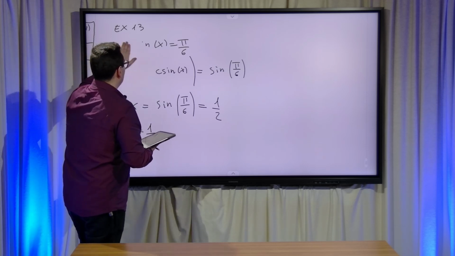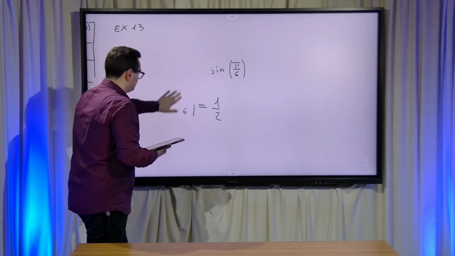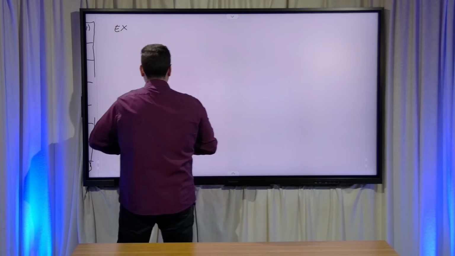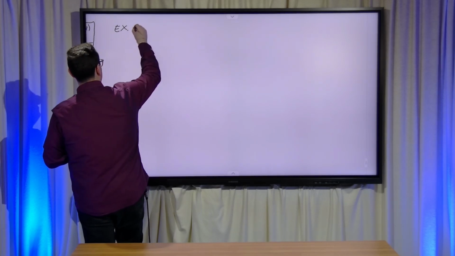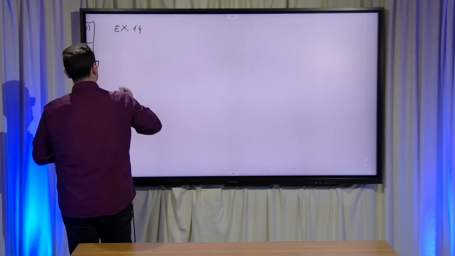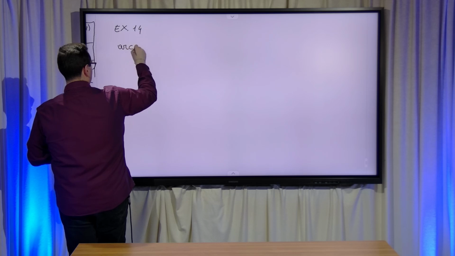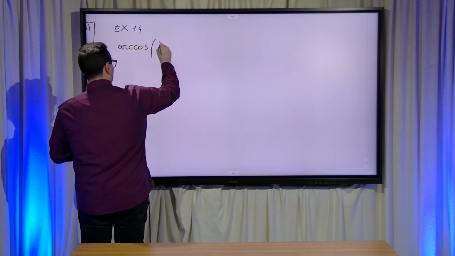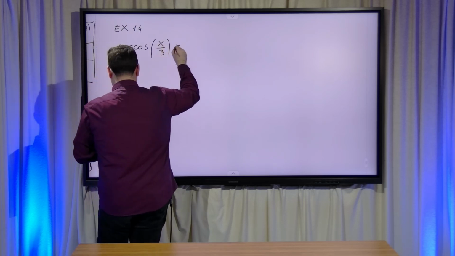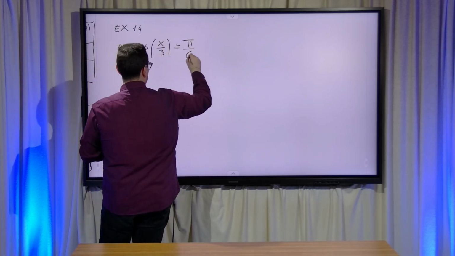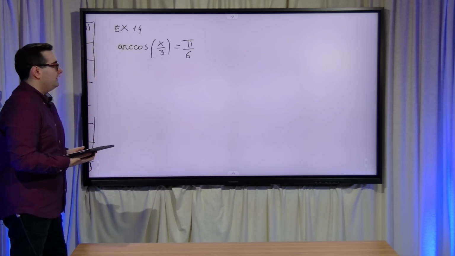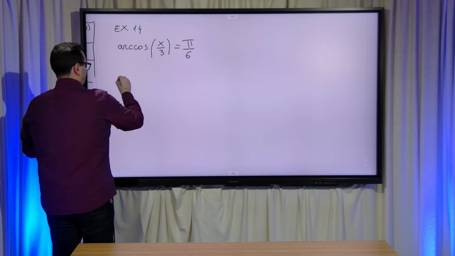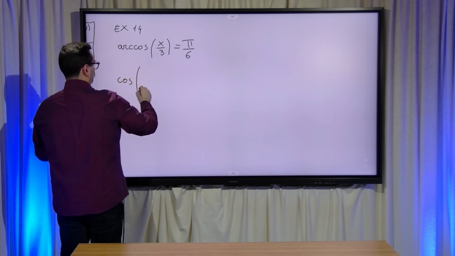Let's do another one. I can solve this equation as before, so I compute the cosine this time to both members.